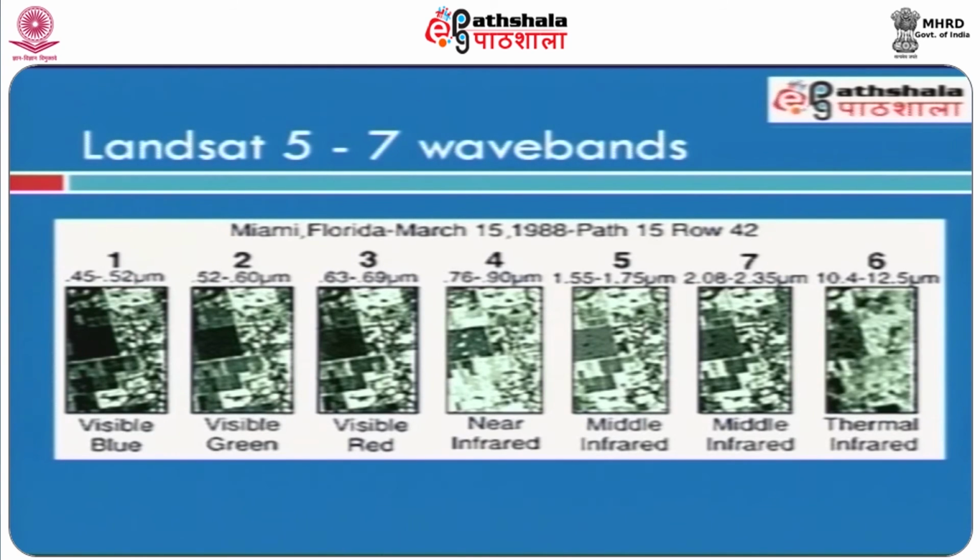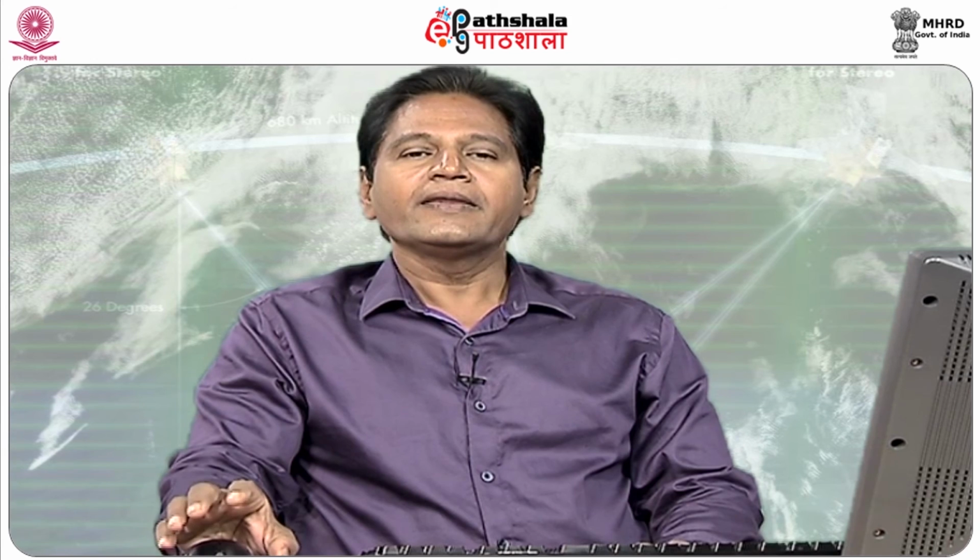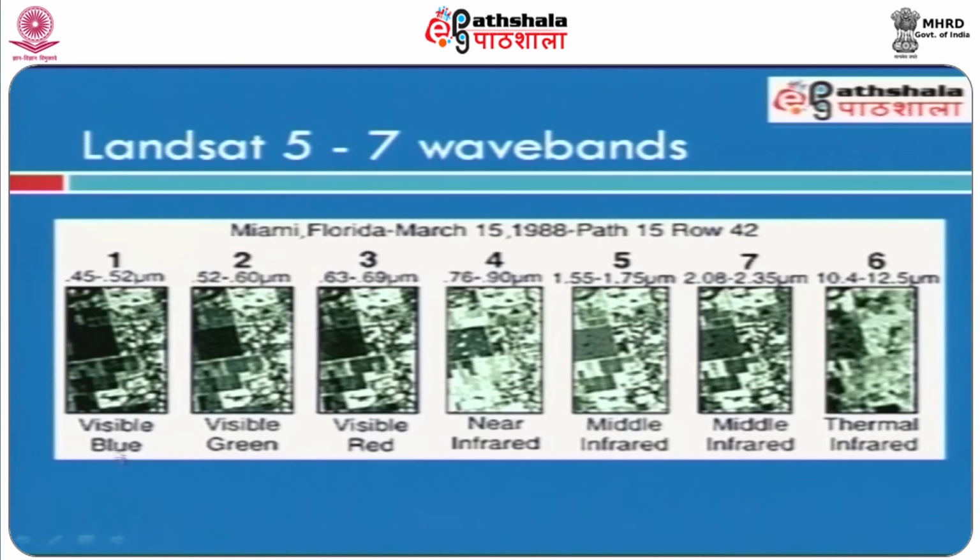Let us see the very important application, or how we understand the data. I showed you one simple example of how the cone and other things behave over the entire spectrum width. Now, let us see the same area acquired from the Landsat satellite, and how various wavelengths behave with respect to that particular area.